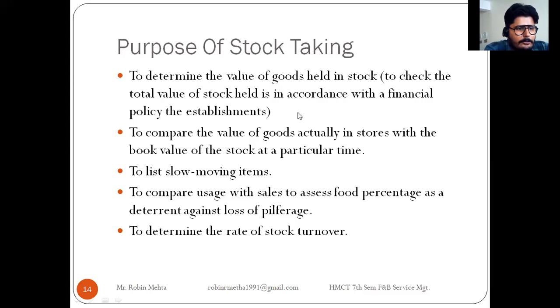Next, to compare usage with sales to assess the food percentage as a determinant against loss or pilferage. Again, comparison is very important, like what sales we are doing, what percentage we are having, or what loss or pilferage we are facing. For example, if our sale is 30%, we purchase material of 100 rupees and sell material of 30 rupees, so we should be left with 70 rupees.